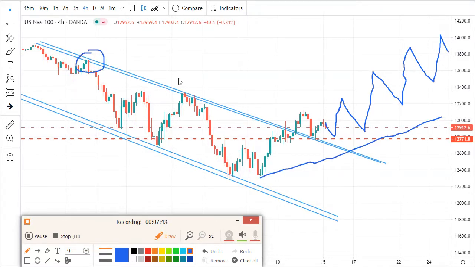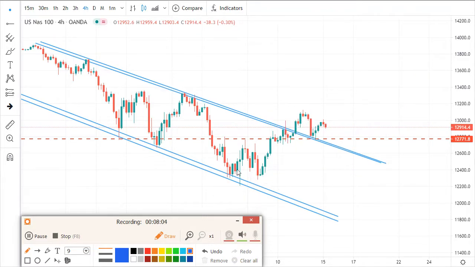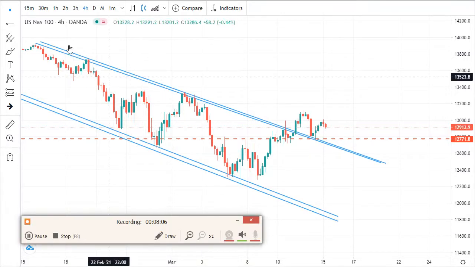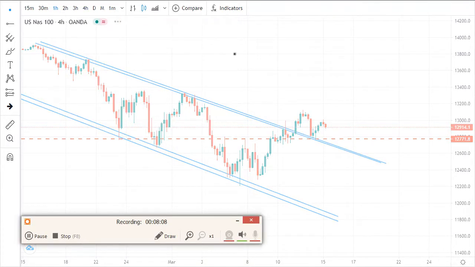Here the market touched, here it touched, but here we don't have that touch. Here we have a nice touch. Here the market created a fake breakout, then came back again, then broke here. So the market won't be as perfect as we want, but as long as we know we have a change in trend. I don't have much to say on NASDAQ because I think everything is clear.